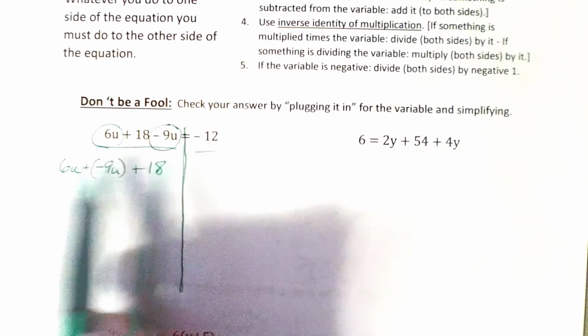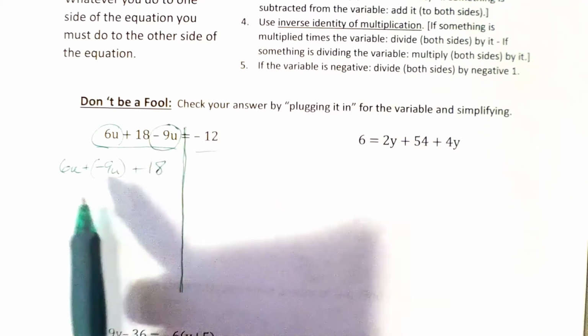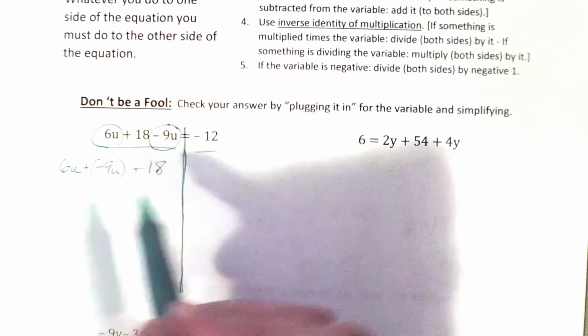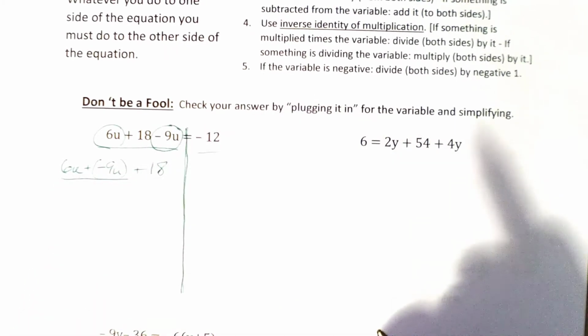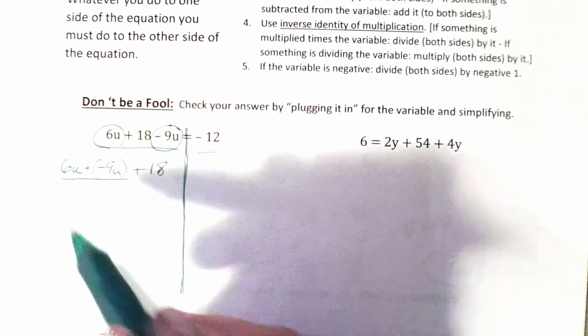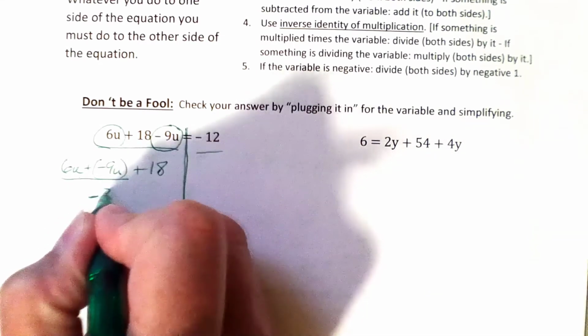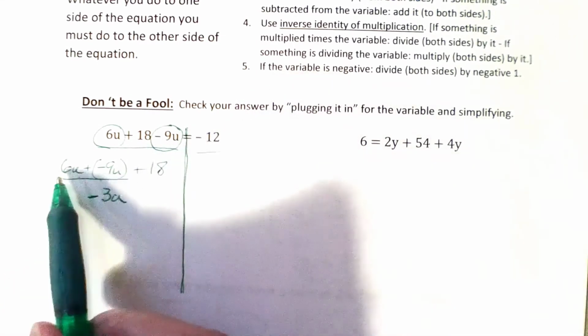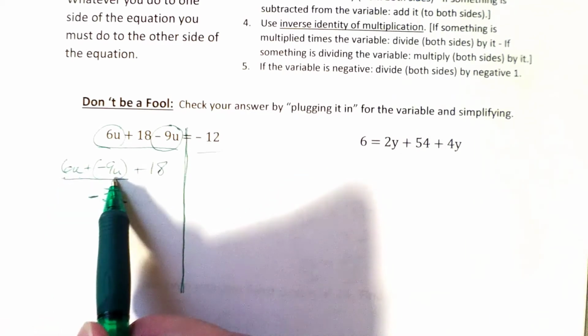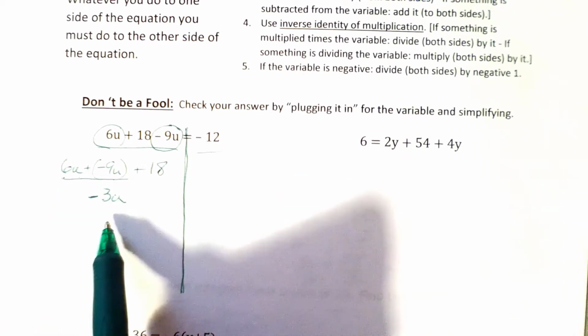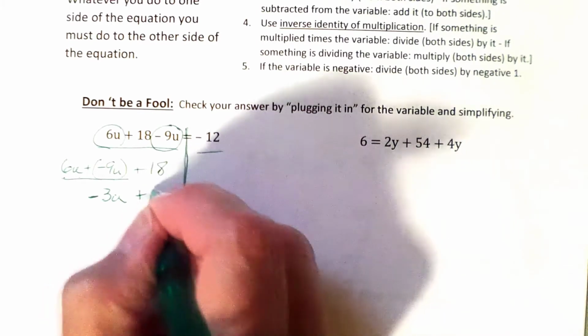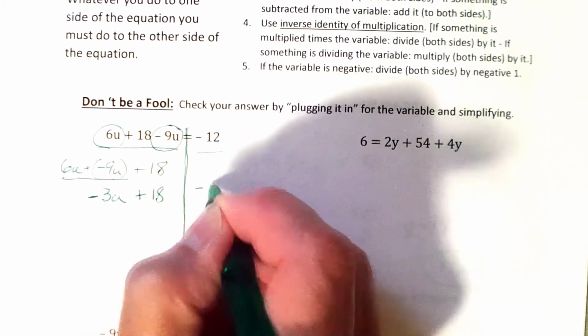I'm just moving things around. I can do that because they're all addition, as long as I say it's plus a negative 9. Then I can combine these two. So 6u plus negative 9u, or 6u minus 9u, gives me negative 3u, because 6 positives cancel out 6 negatives, leaving me with 3 negatives. I still have the 18, and over here I still have negative 12.